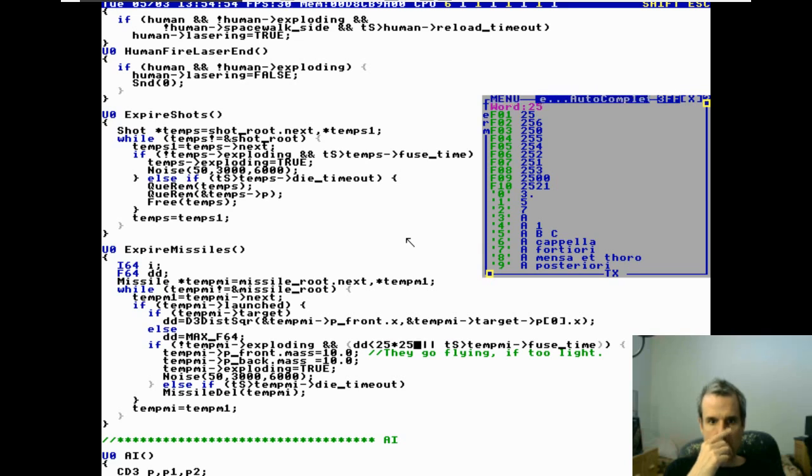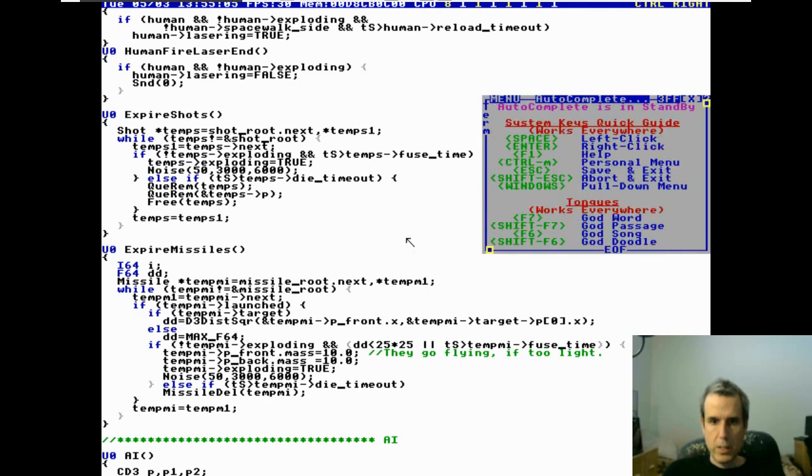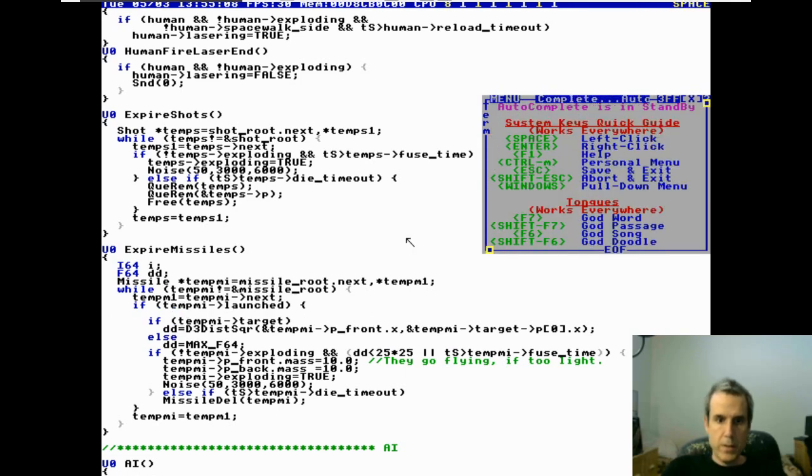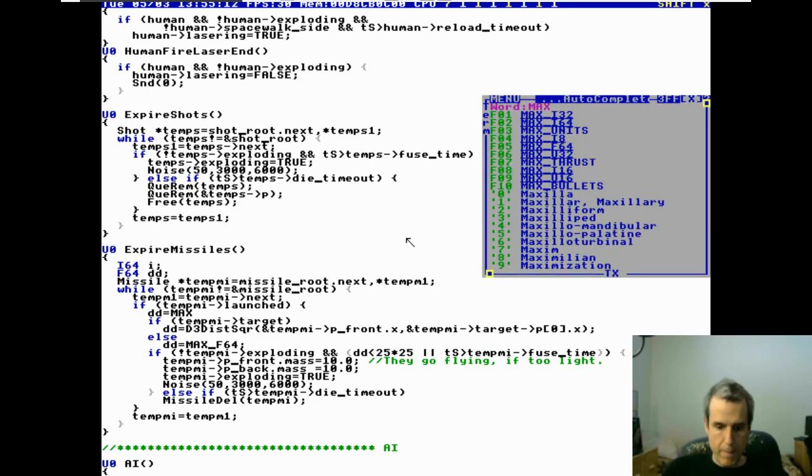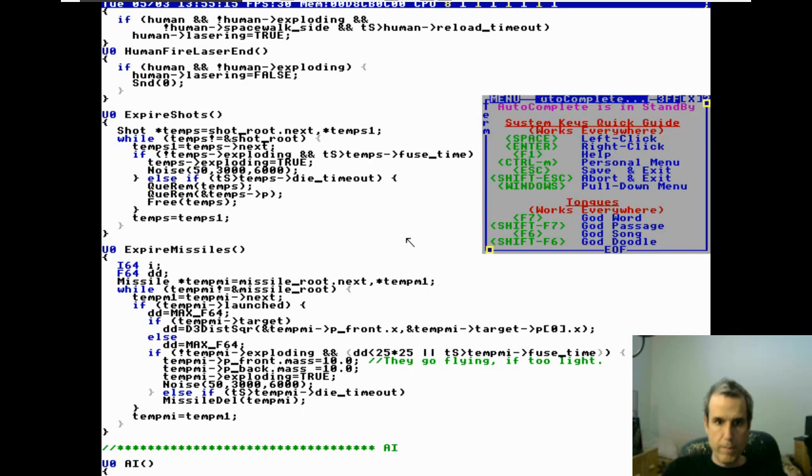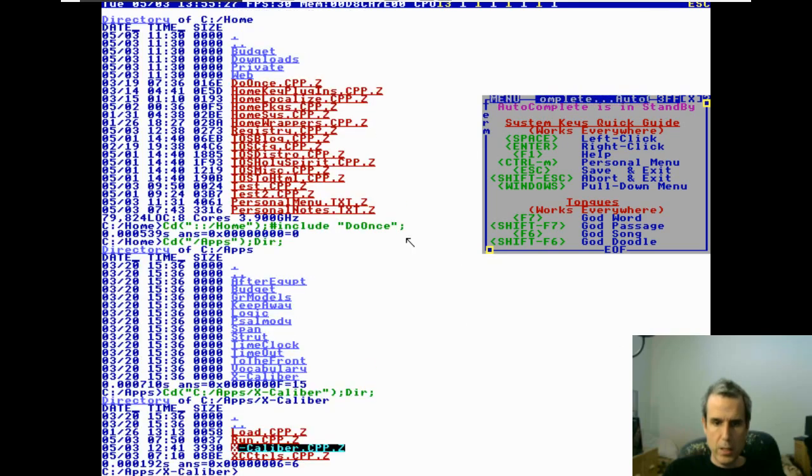Let's go ahead and go off of all launched. This is not too bad. DD equals max F64. Where's I? You're not using I. Is that correct?